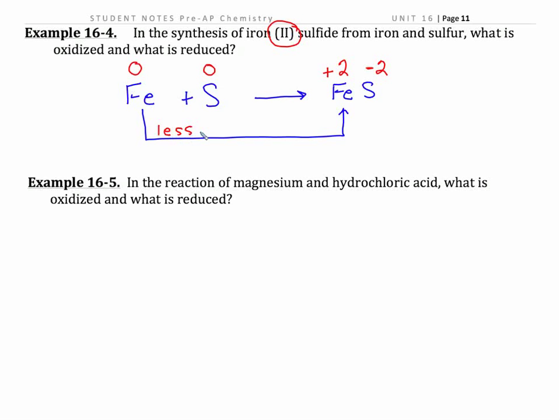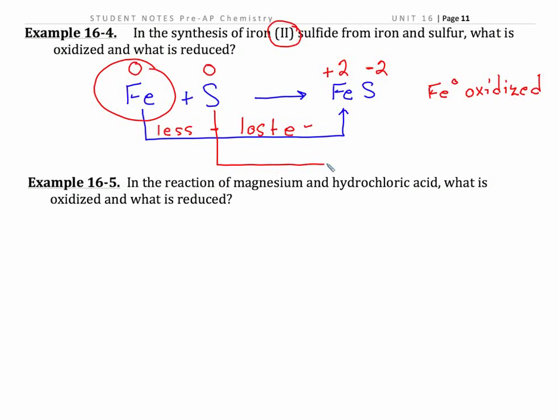So the iron became less negative, so it lost electrons. We say that this species, iron 0, or iron metal, was oxidized; you have to be very specific. And the sulfur went from 0 to -2. It became more negative, so that was a gain of electrons, which means the pure sulfur was reduced.